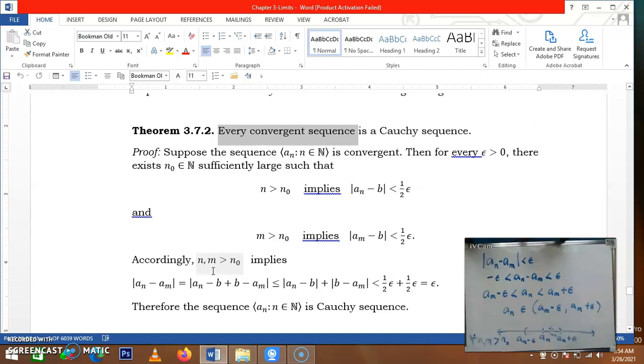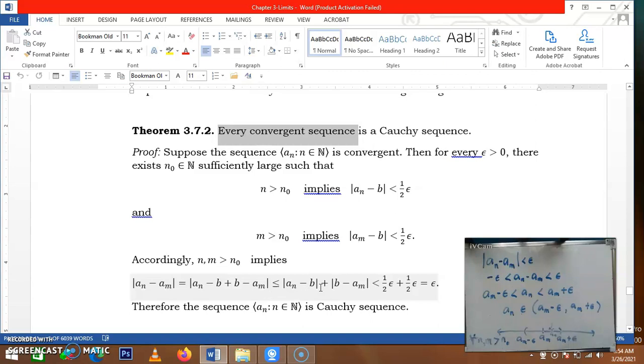Accordingly, n and m are greater than some positive integer n sub 0. So this implies, because this is our goal from the definition of Cauchy sequence, that if we add this, this becomes 0, right? We just subtracted b and then added b here, so they're just equal.